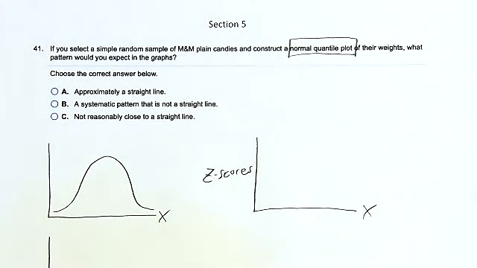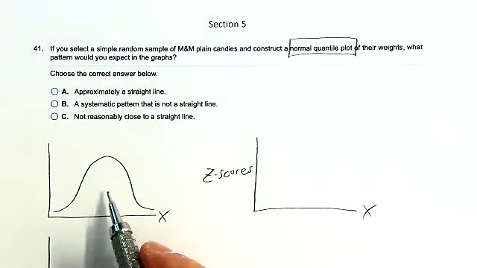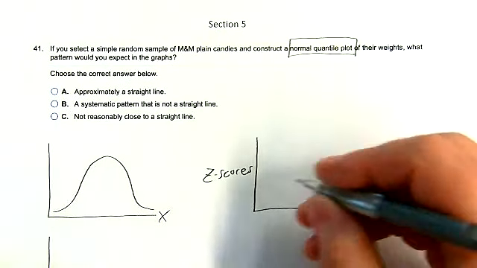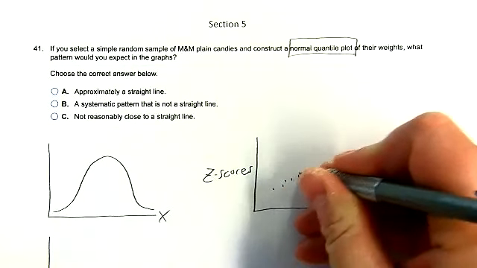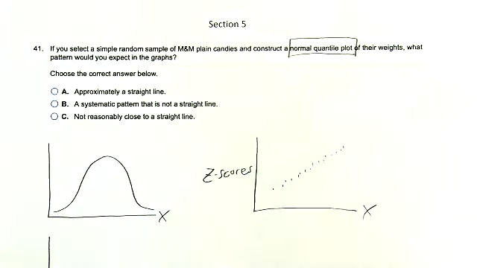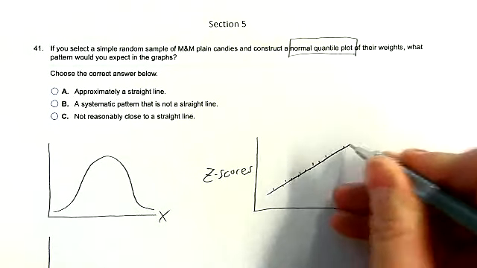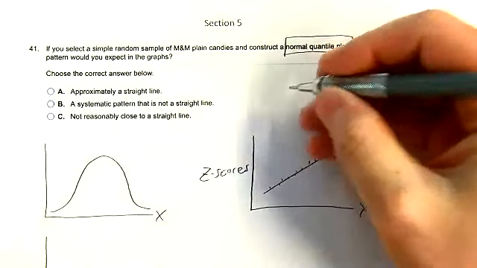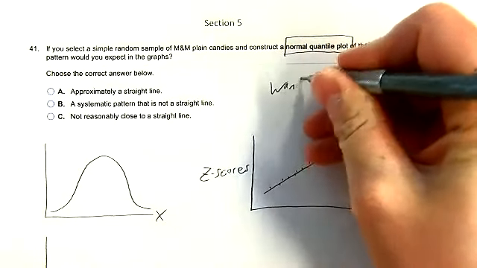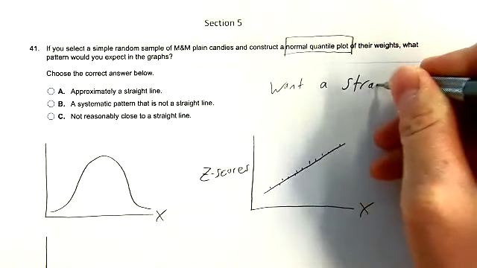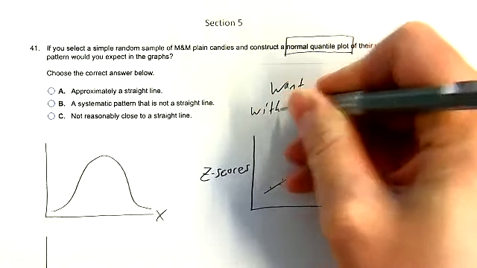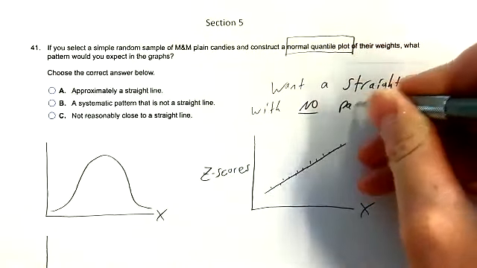If you have a symmetric normal curve, you will get a very straight line. So these z-scores that you plot will be very straight, and we want that. We want a straight line with no patterns.